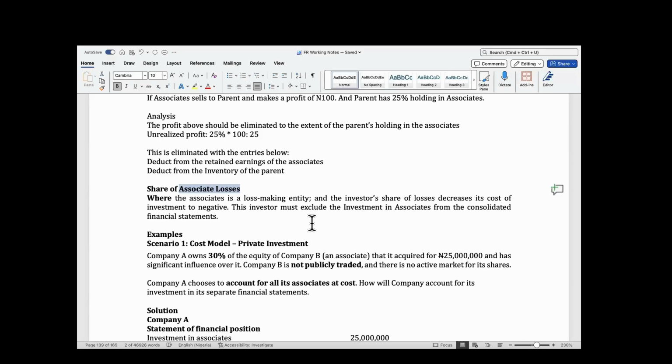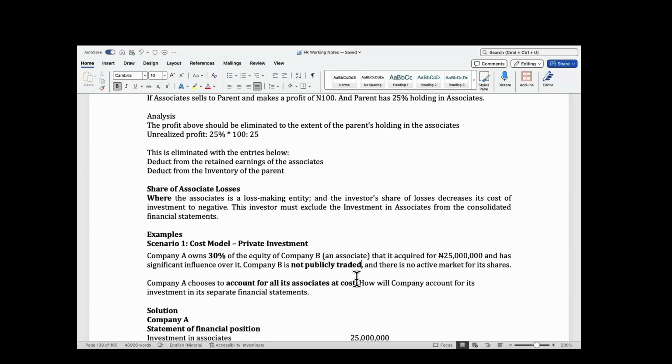Now let's solve some questions. Question 1 says company A owns 30% of the equity of company B that it acquired for 25 million and has significant influence over it. Company B is not publicly traded and there is no active market for its shares. Company A chooses to account for all its associates at cost.